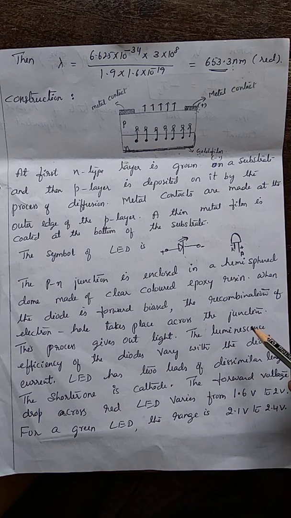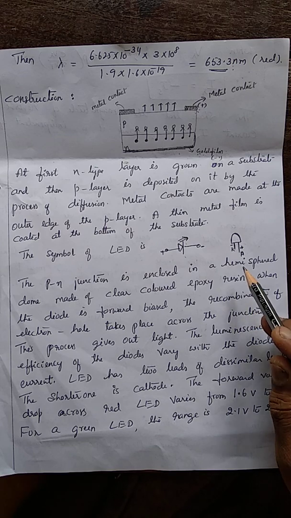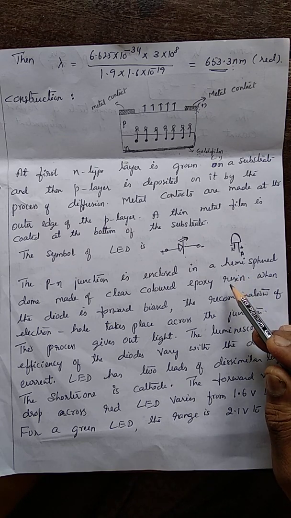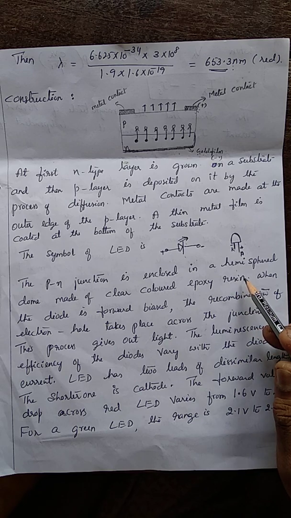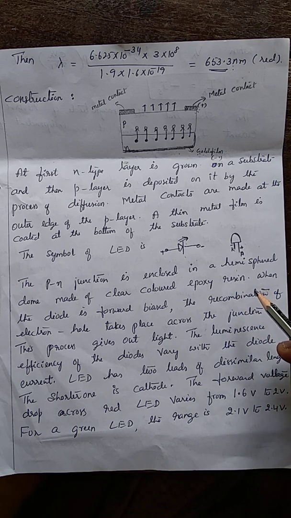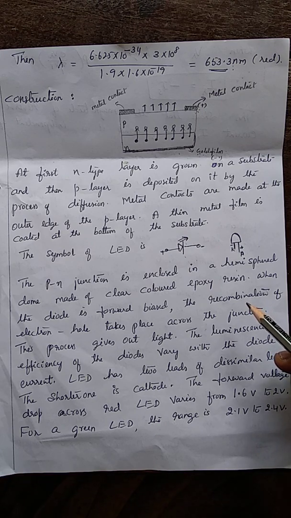This process gives out light. As we increase the current, the luminescence of this PN junction increases. More is the current, more will be the luminescence, meaning the light emitted will be brighter and brighter.